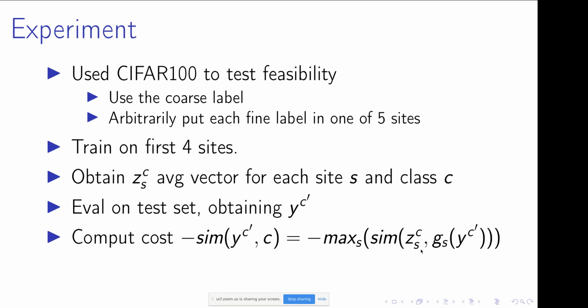Breaking this function down, you have a latent feature vector for a certain site in a certain class, and an embedding function for the same site of this feature vector that we obtained. And we want to take the maximum similarity over each of the sites.